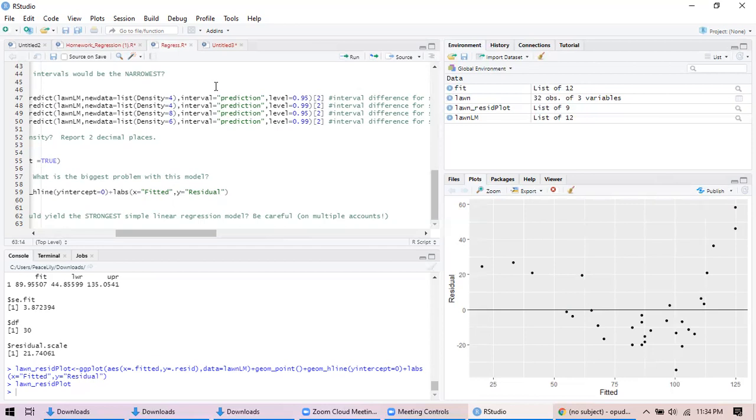Let me see. Let me pull up my copy. I don't have it, I thought it was here. Which one is the closest?